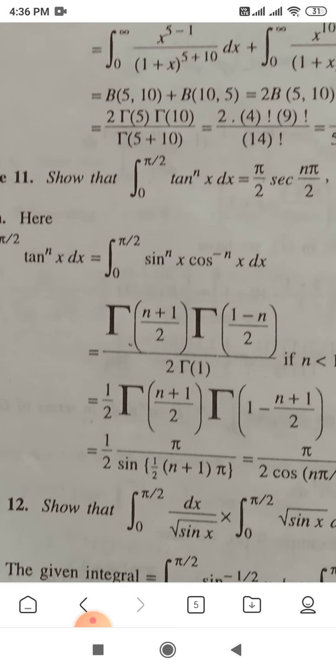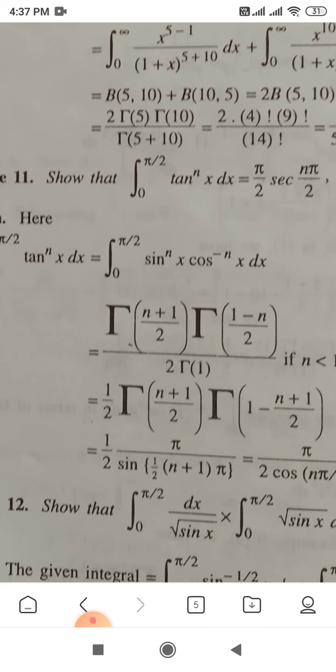So this is reduced into the gamma format: integral 0 to pi by 2 sin^n x cos^(-n) x dx, expressed into the gamma expression gamma((n+1)/2) gamma((1-n)/2) upon 2 gamma(1).